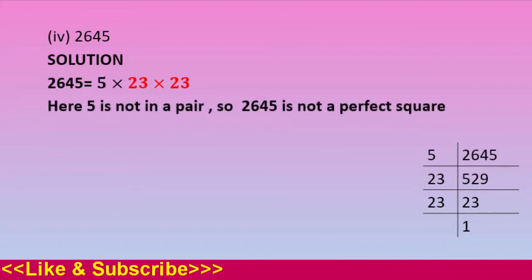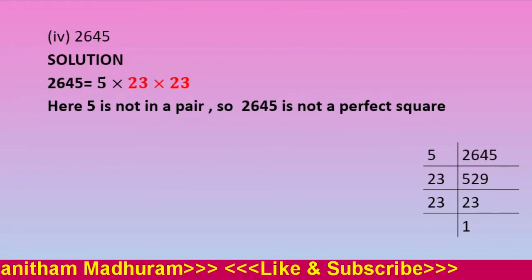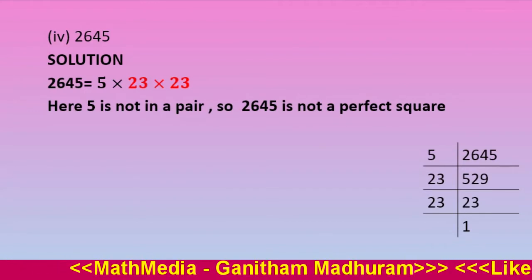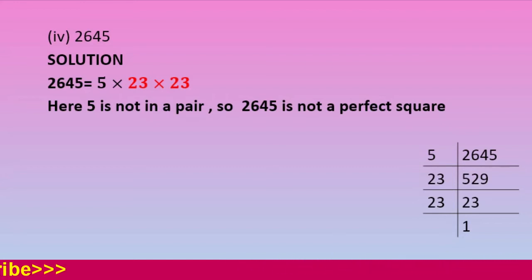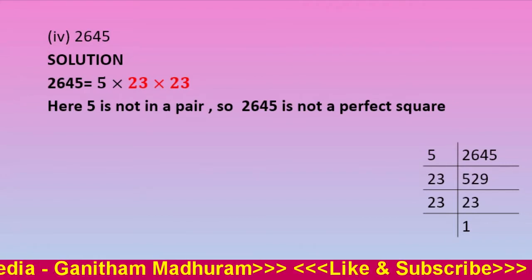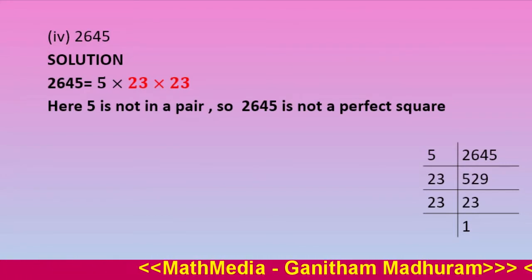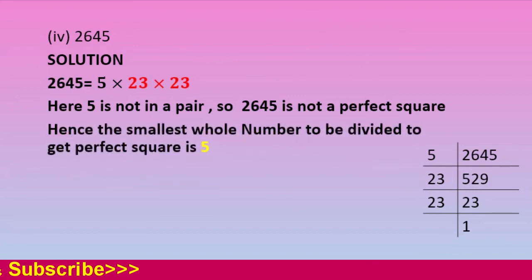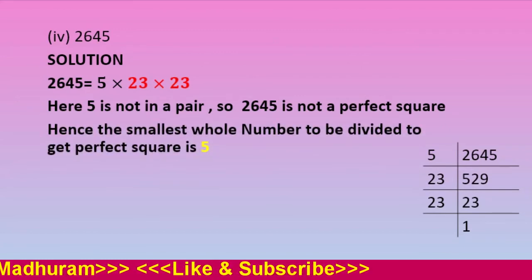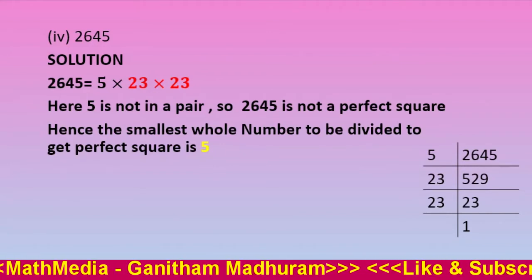If we observe the prime factors of 2645, we have the 5 which is not in a pair. Hence, the smallest number to be divided to get a perfect square is 5.